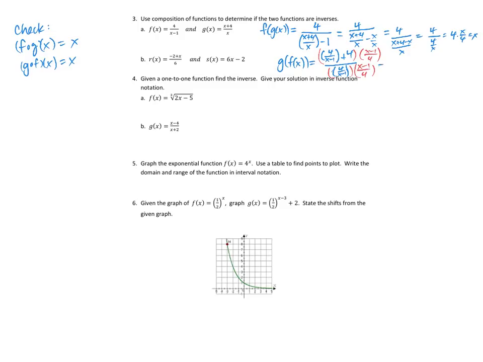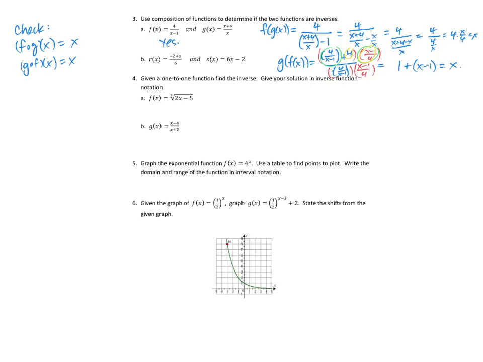And when I do that, I will get 1 on the bottom, and on the top I'll get, when I multiply this by this, I'll get 1 plus, and then when I multiply this by this, I will get x minus 1. And so that will give me x. And so they are inverses.